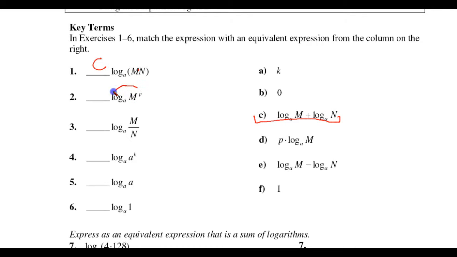The p, remember, just goes in front over there, and that looks like D. Now for number 3, we're looking for that rule about adding or subtracting. Here this was adding. When we are dividing, we're going to be subtracting. So this will be letter E.